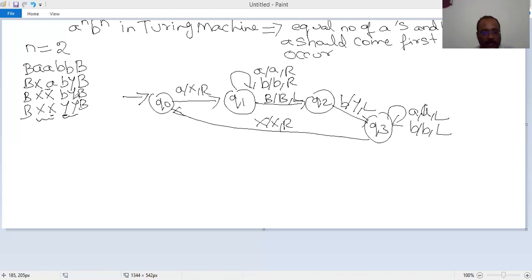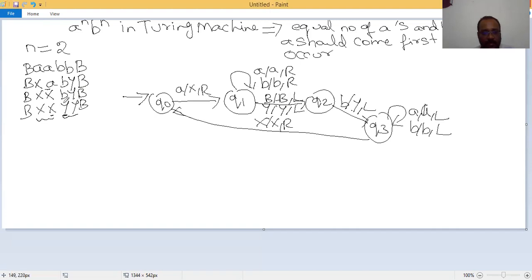After this B you will have Y. This Y will be mentioned as Y and move to the left hand side. We are not going to the blank here because we can justify that this Y is the last B. After moving to the left hand side, you will have the next B, which will again be replaced as Y, moving to the left hand side.